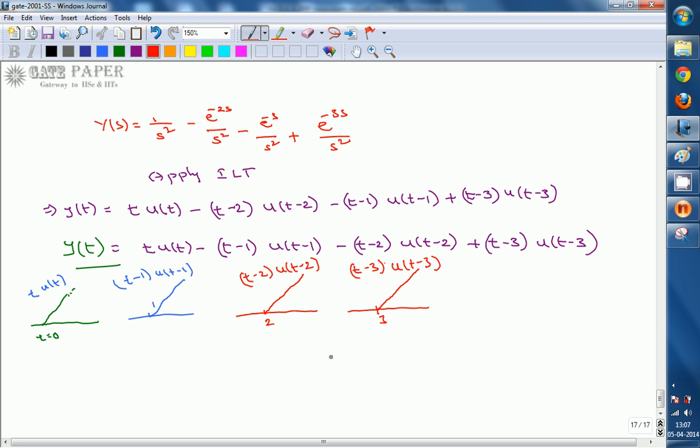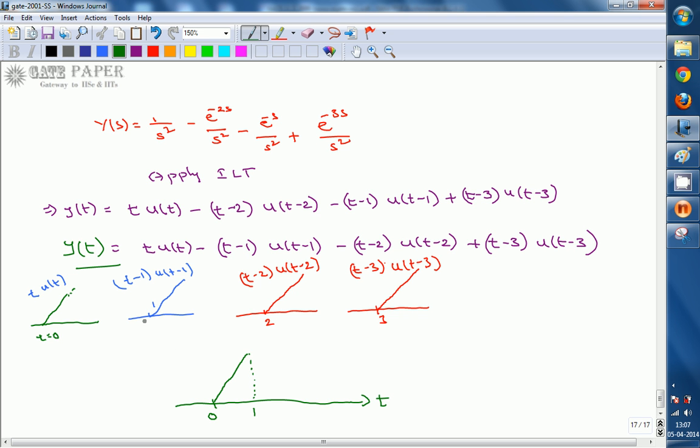Now we need to combine all these. So by combining, let us consider the time axis t starting at the 0th position, and it is going like this.